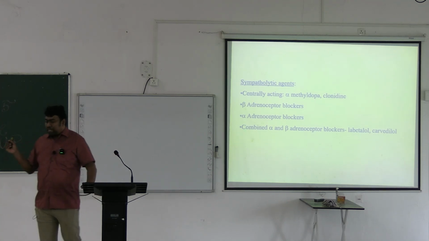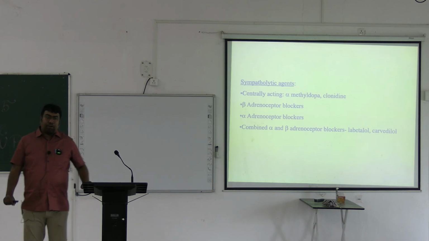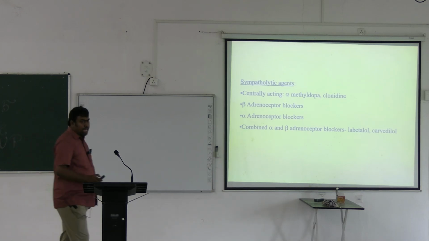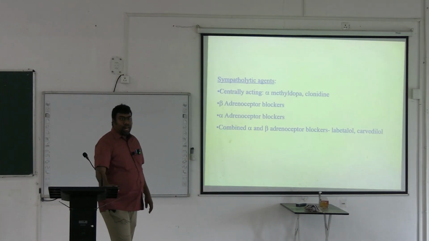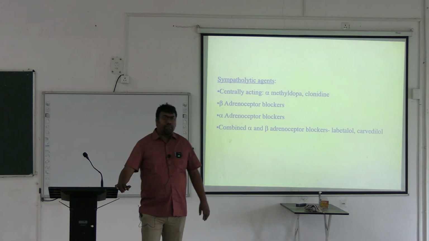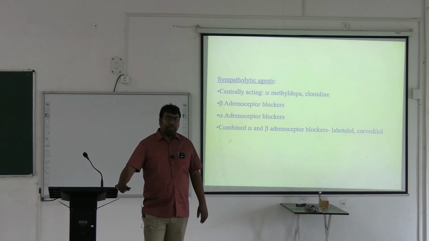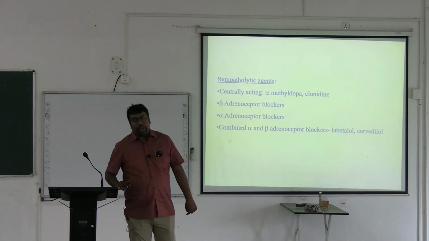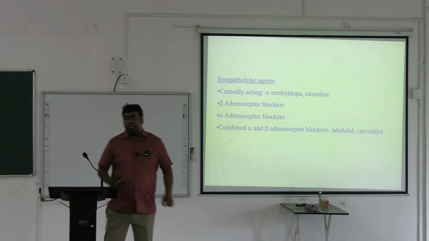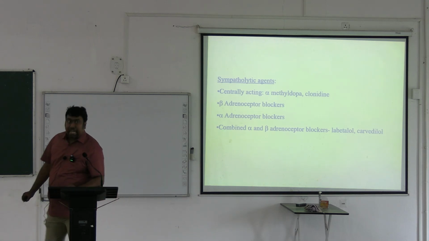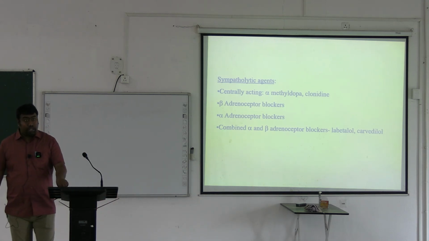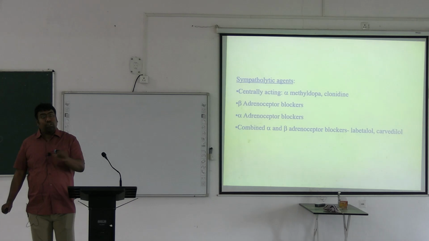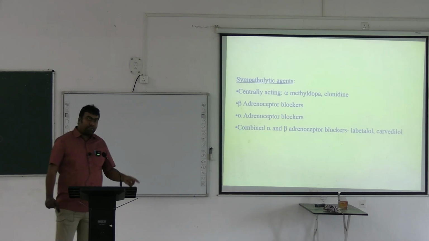Give an example of an alpha blocker that cannot be used as an antihypertensive. Alpha blocker used in BPH is tamsulosin. Tamsulosin is very selective for the prostate. It is an alpha blocker, but it is not an antihypertensive alpha blocker.